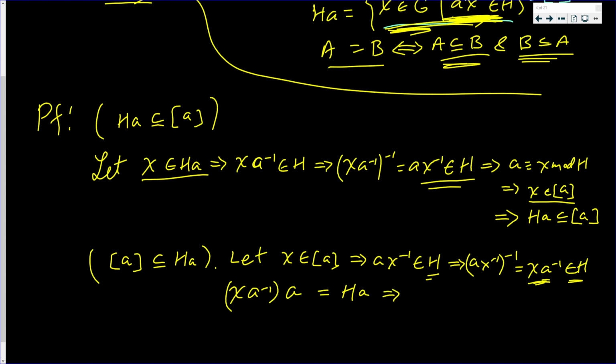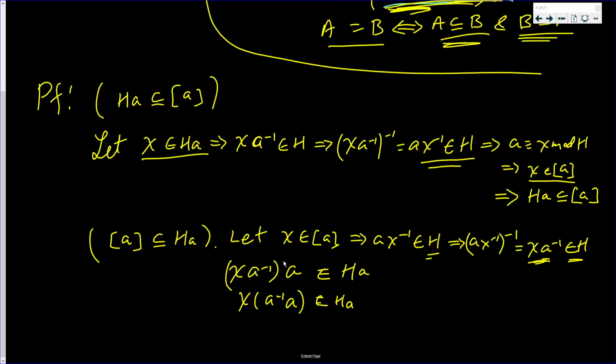what I get is, well, let's write it underneath. Using the associative law, I get this is an element of Ha, and this is e.